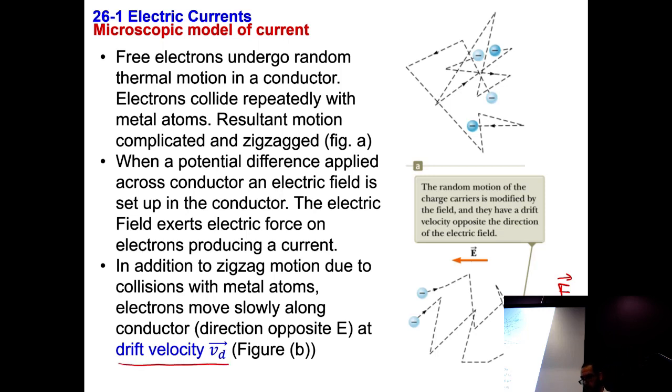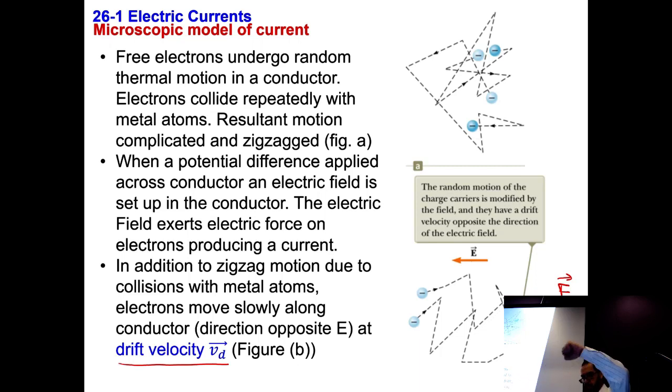If you take any individual electron, we are not trying to determine its instantaneous velocity. We are trying to determine the average velocity of all of these electrons, because when you establish a voltage and electric field, they tend to move in the opposite direction of the electric field with an average velocity that we call the drift velocity.